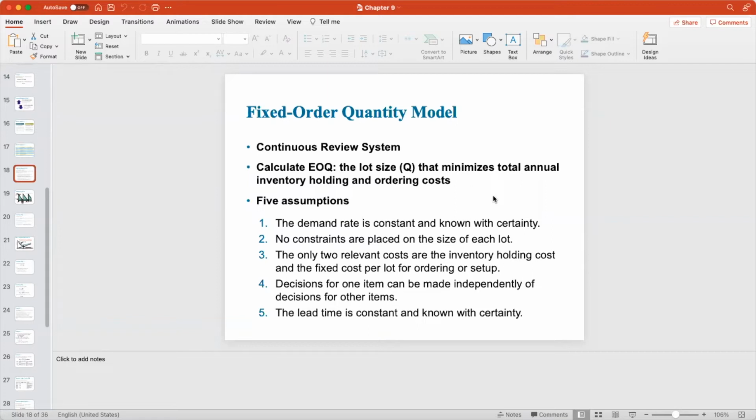Okay, we start from the easiest setup. As I show here, we have 5 assumptions, but in general, the assumptions are quite simple. Basically, we assume we have a perfect market demand forecast. We know exactly what will happen for market demand in the future. We know it's a little bit idealistic, but let's start from the simplest case. And then we exactly know the lead time.